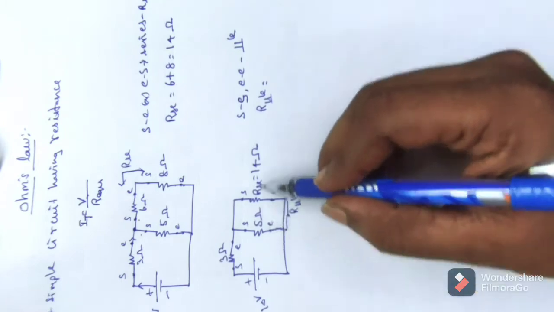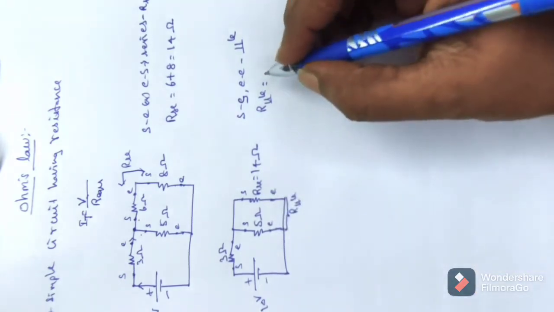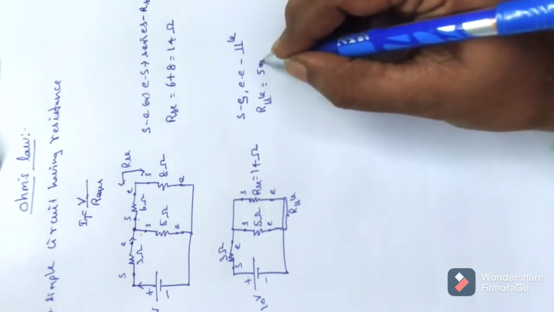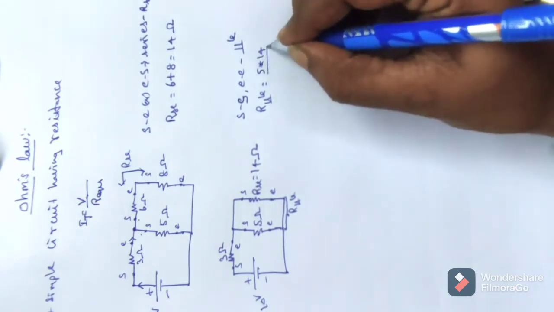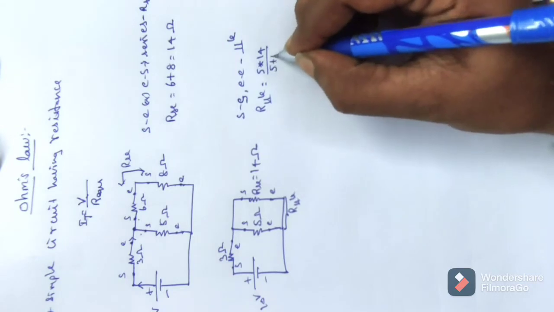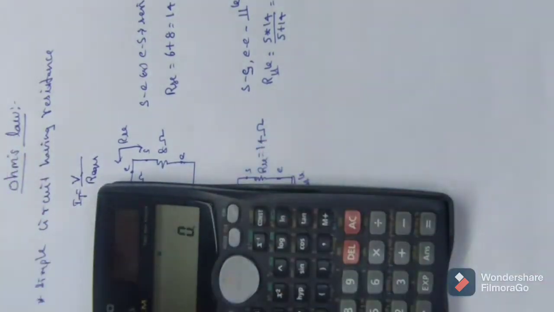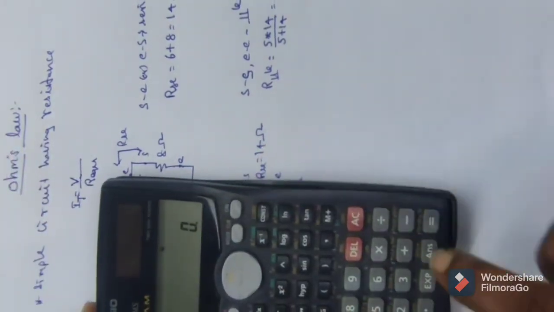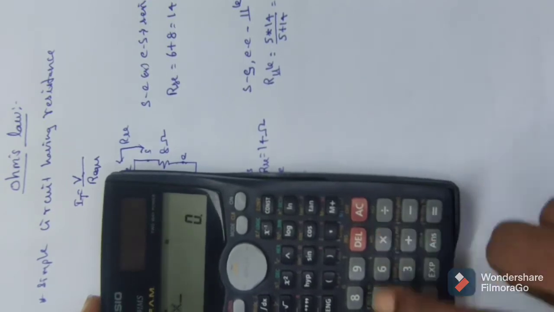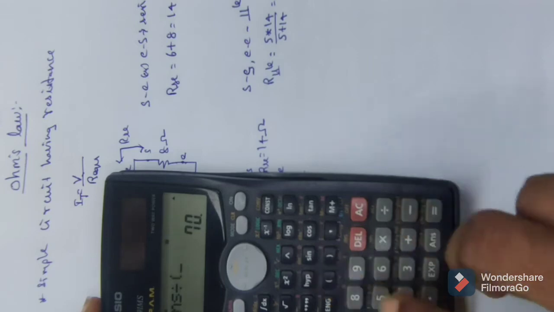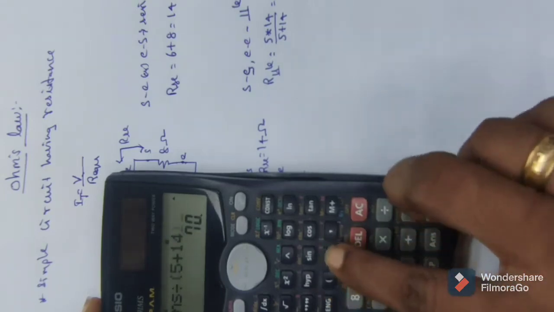We need to take the product of these two, and on the denominator side, we need the summation of those two parallelly connected resistances. Using a calculator, we are going to determine those answers. It is simple logic, simple tricks only. 5 into 14 divided by within bracket 5 plus 14.